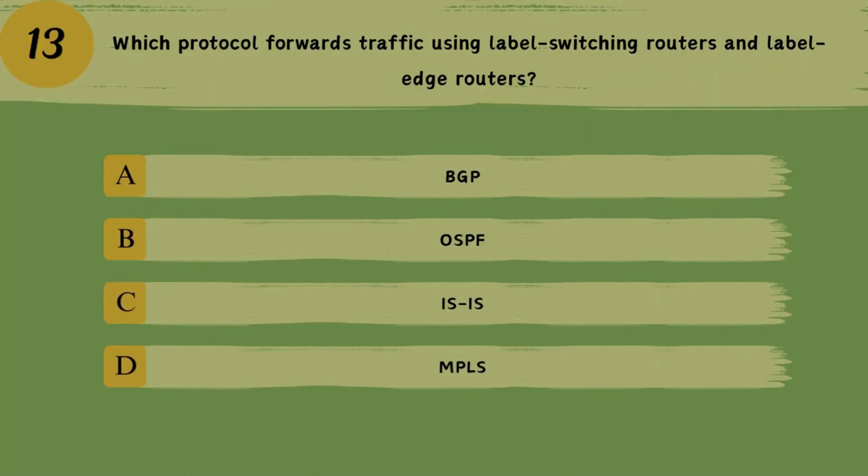Question 13. Which protocol forwards traffic using label switching routers and label edge routers? A. BGP. B. OSPF. C. ISIS. D. MPLS. Correct answer, D. MPLS.